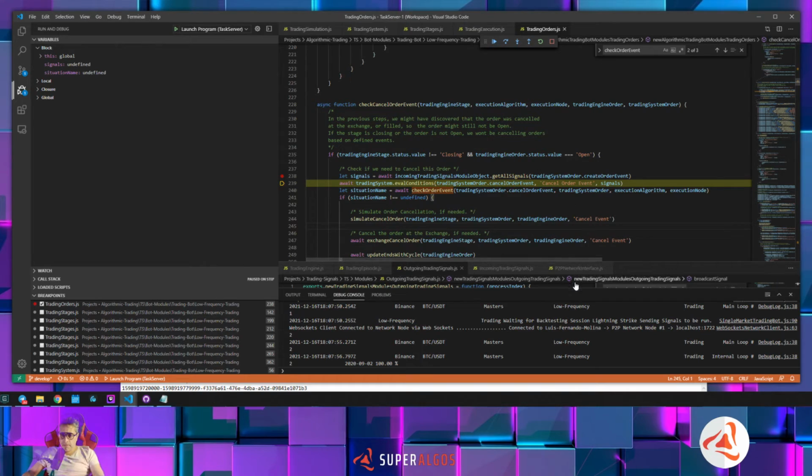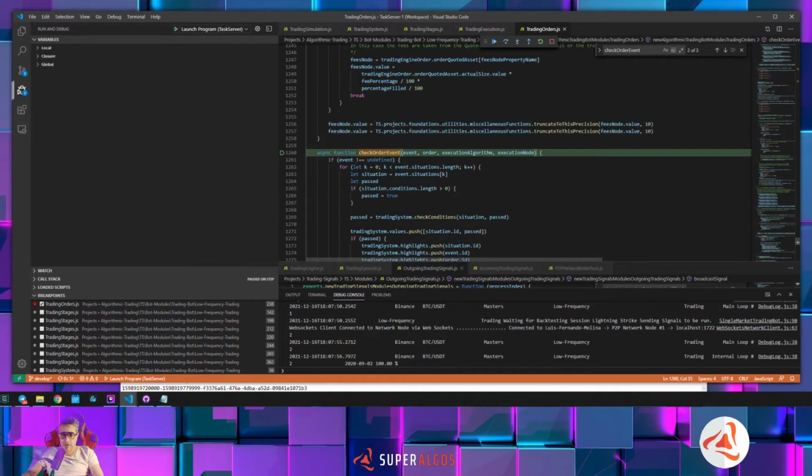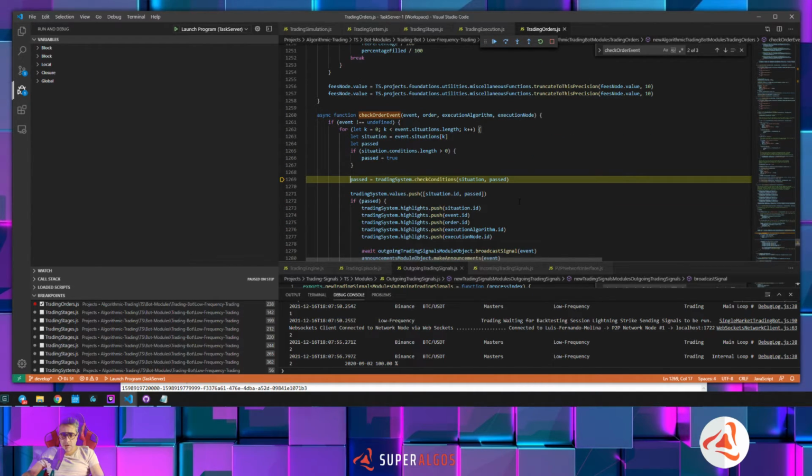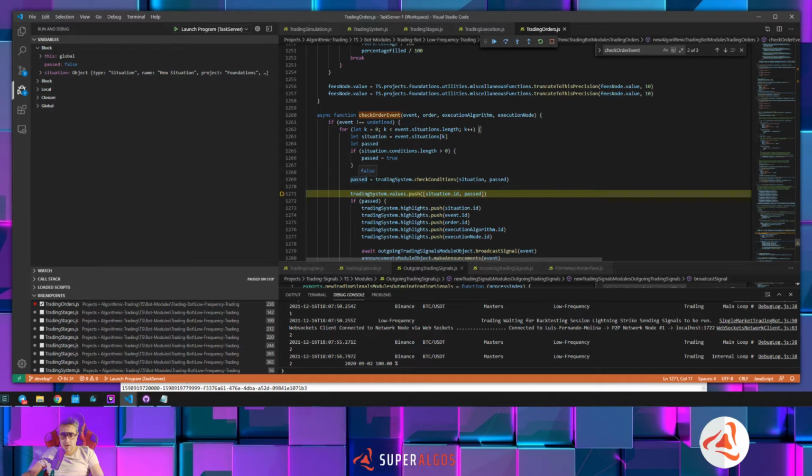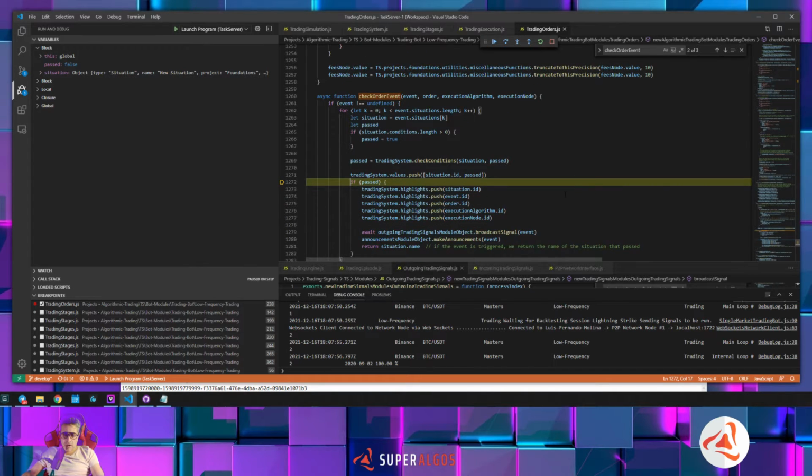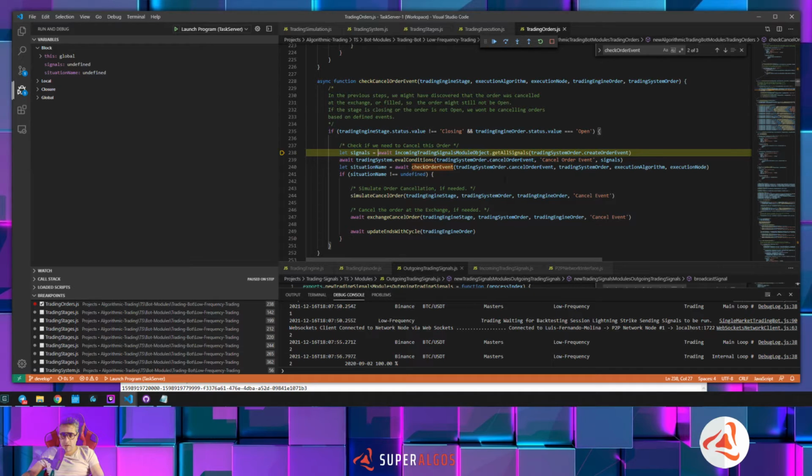But let's continue. We are going to eval this and check order event. And the event says pass equals true, but check conditions, and it's going to be false. So okay, we will let it run again because I guess it's going to stop at exactly the same place.